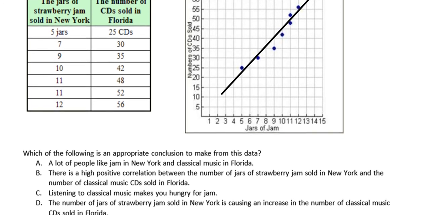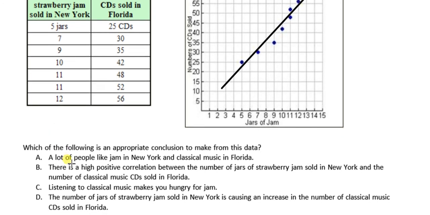So the correlation. There's a high positive correlation between jars of jam sold and classical CDs sold. There's not a cause and effect relationship. So anytime you see cause, it's not right. It doesn't cause you to get hungry for jam. You don't know about how many people like it or dislike it.